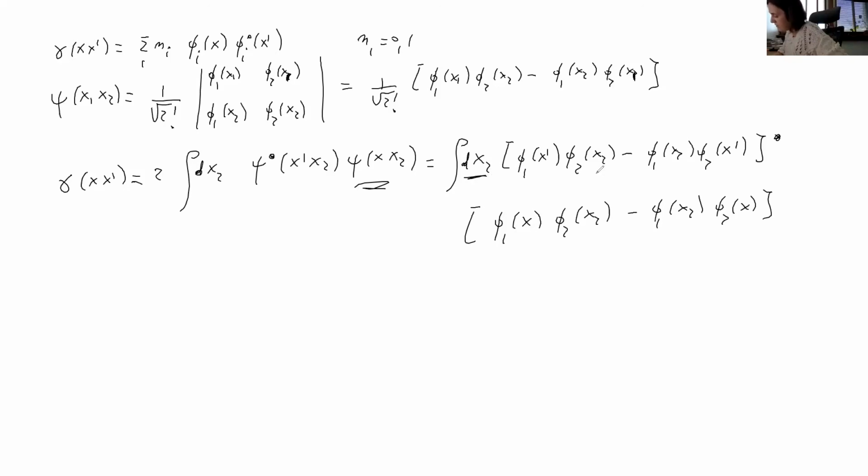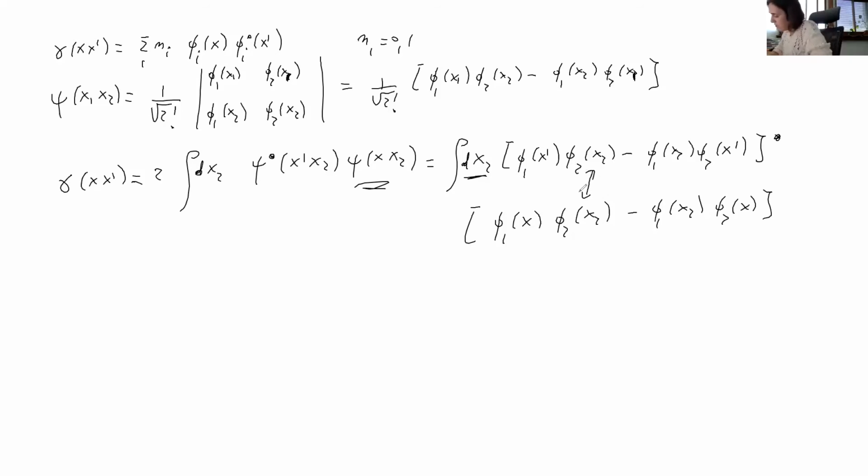integral. So this integral will essentially give a non-zero contribution only when I integrate over the same wave function. You see, now I have x2 here is the same because the natural orbitals are orthonormal.